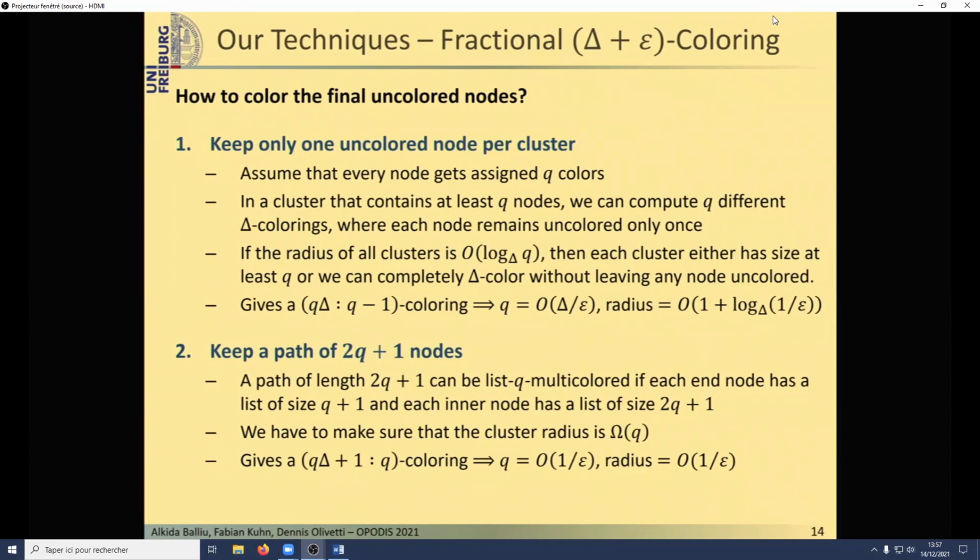So here we need a cluster radius of Q, right, in order to guarantee that we have those paths of length 2Q plus 1. So here we get a slightly better fractional coloring, but we need larger clusters. That's the trade-off that we have here.